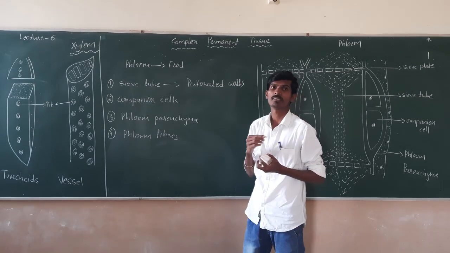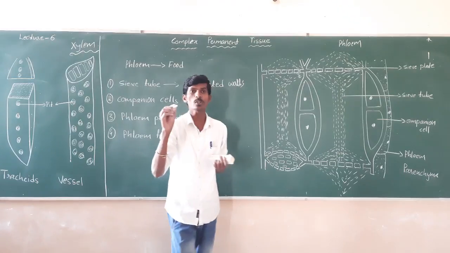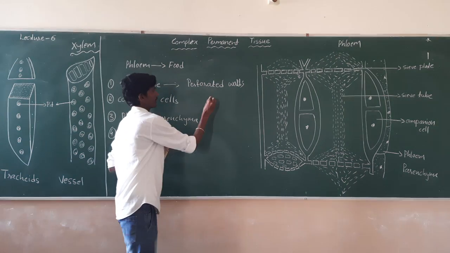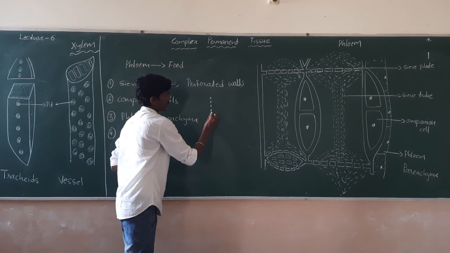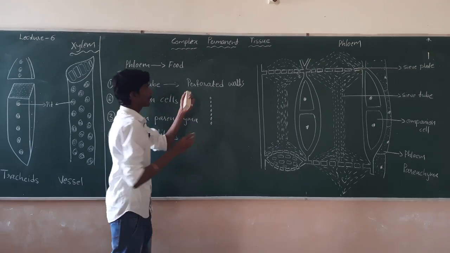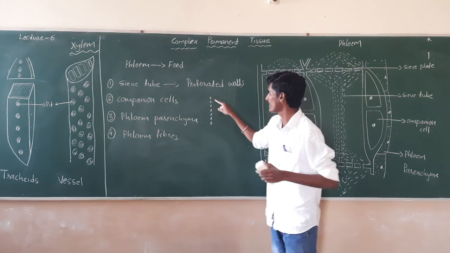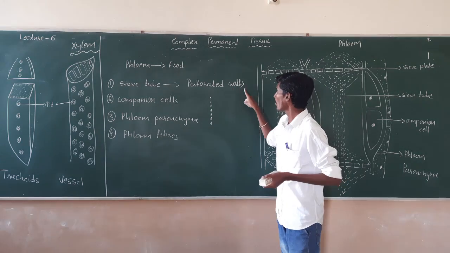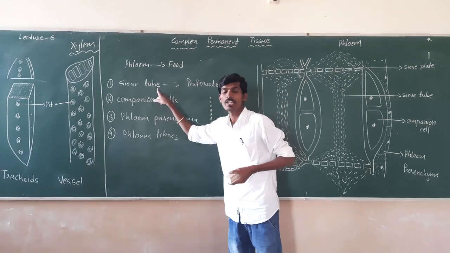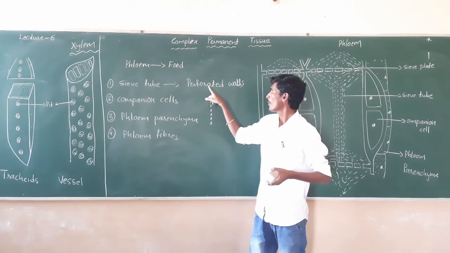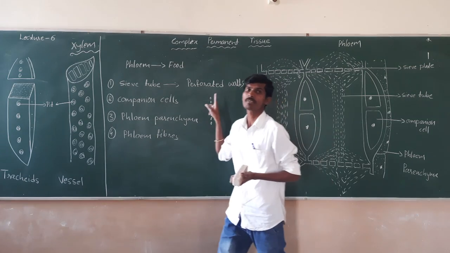Perforated means having a series of holes, small holes in a series on the walls. The sieve tubes are tubular cells with perforated walls.